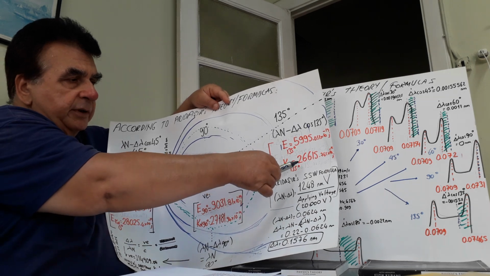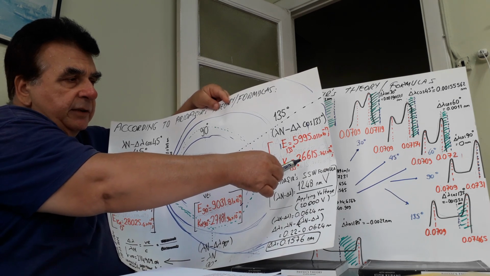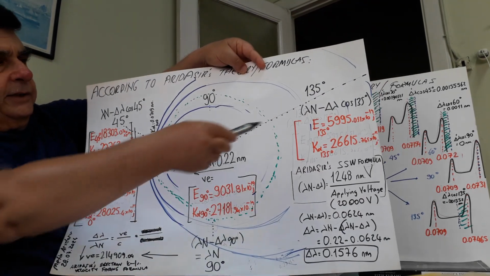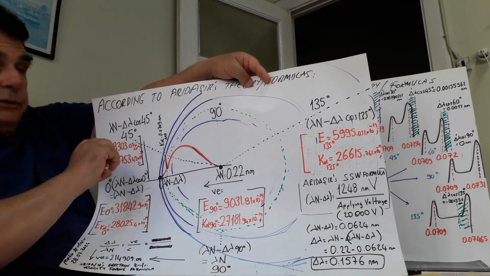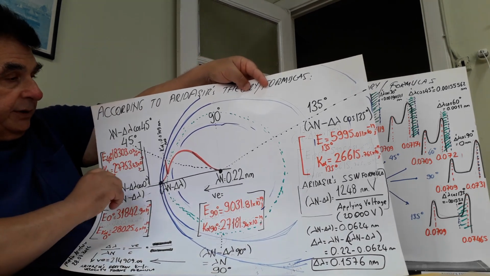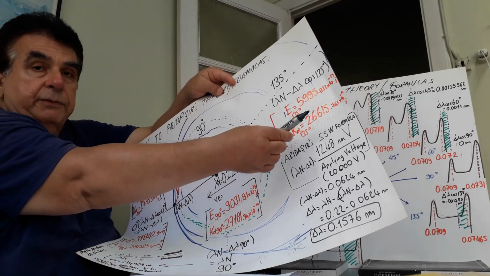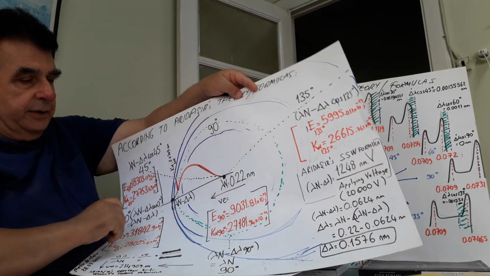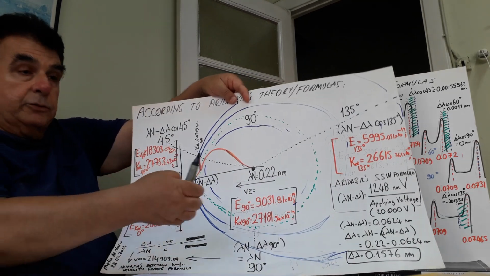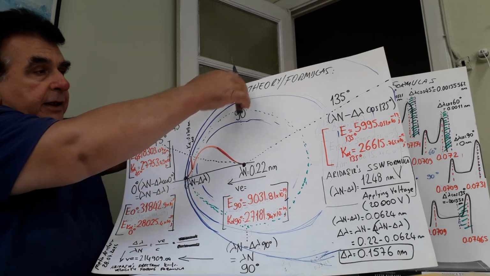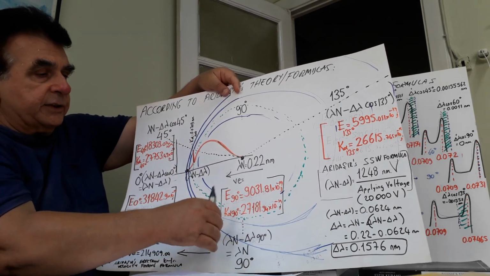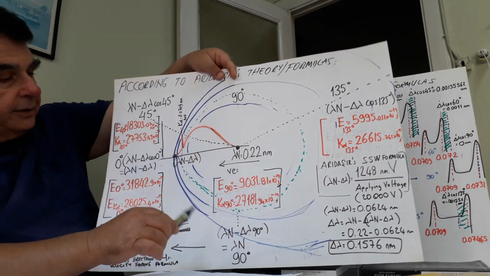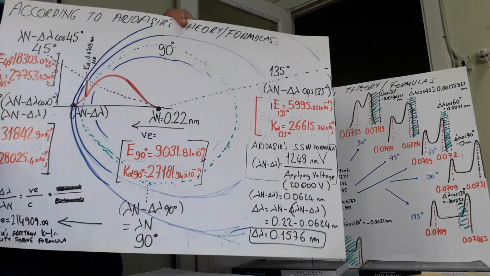K alpha point energy is 26,615.7 times 10 to the minus 19 joules. Toward 0 degrees they together increase, but toward 150 degrees they together decrease in energy. And at 90 degrees there is no energy change for each wave coinciding. It's the same.